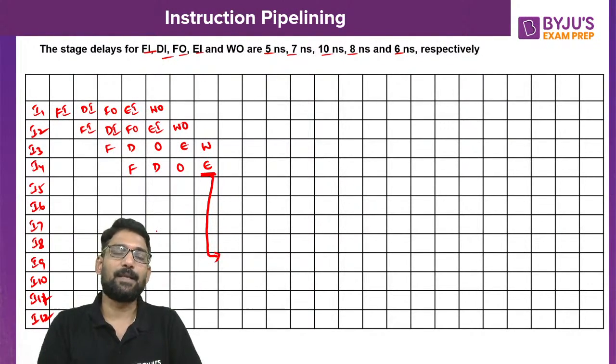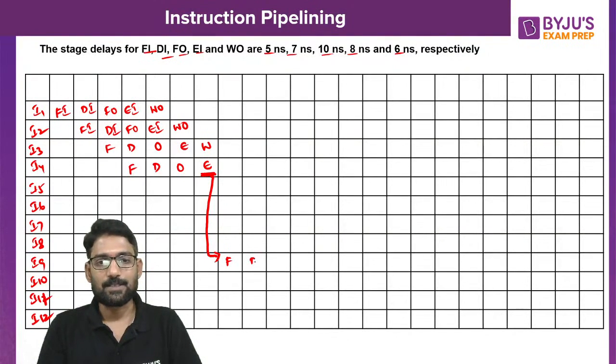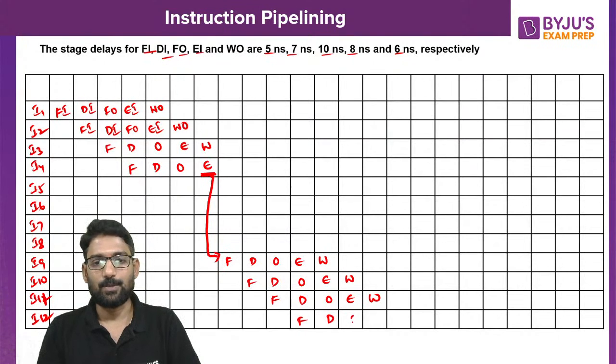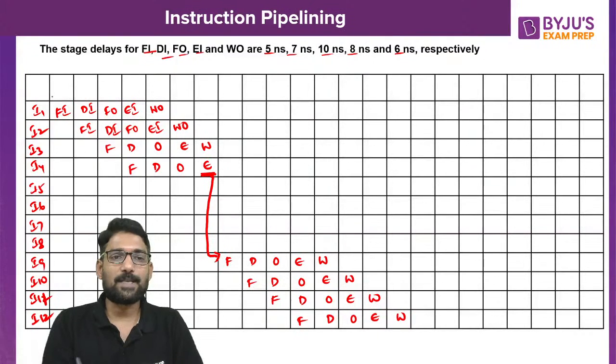That means directly from the I4 execution phase, the control goes to I9. So here again it starts: fetch, decode, operand fetch, execute, write. Then the same again for the following instructions. So total, one cycle means how many nanoseconds? 11. So 11, 11, 11.